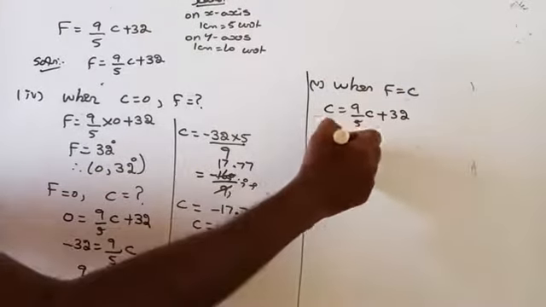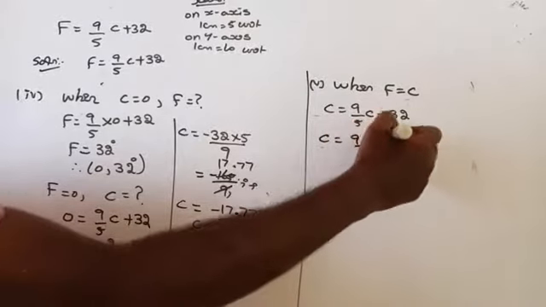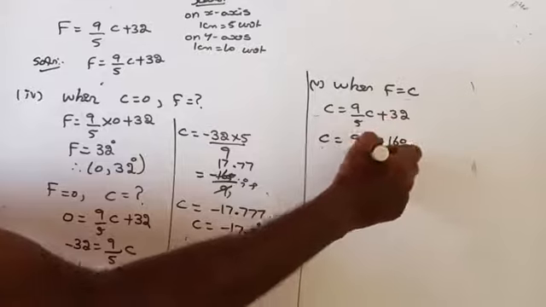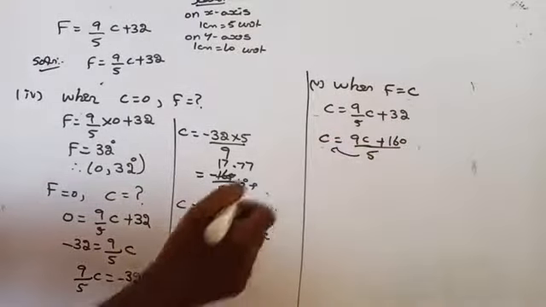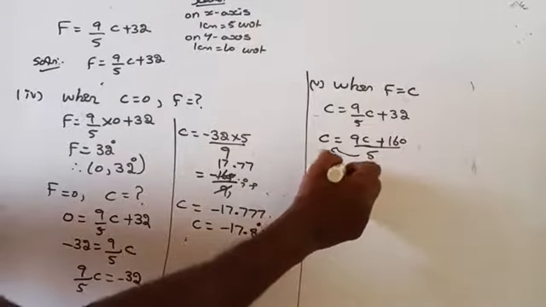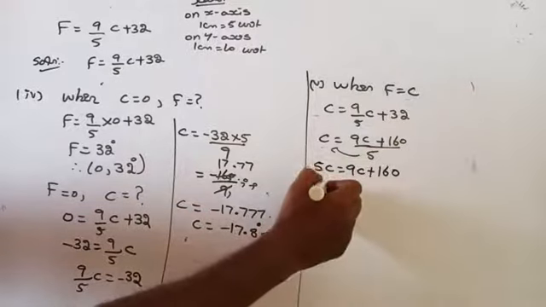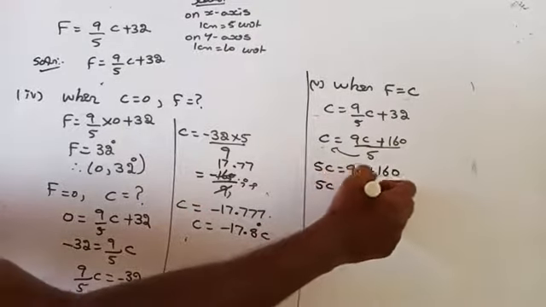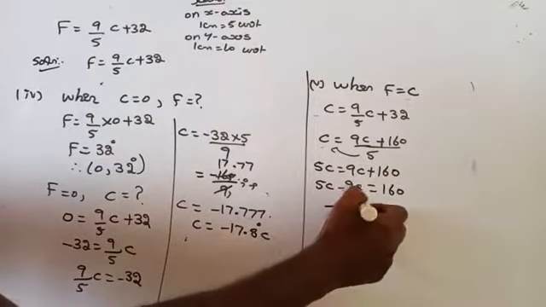LCM will be C equal to 9C plus 32 into 5, which is 160, by 5 here. Now transpose this 5 from the right hand side to the left hand side. 5C equal to 9C plus 160. Then 5C minus 9C is equal to 160. 5C minus 9C is minus 4C equal to 160.